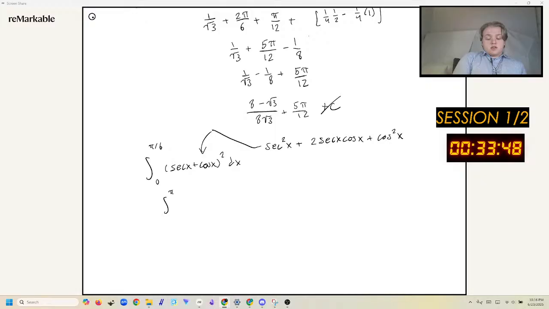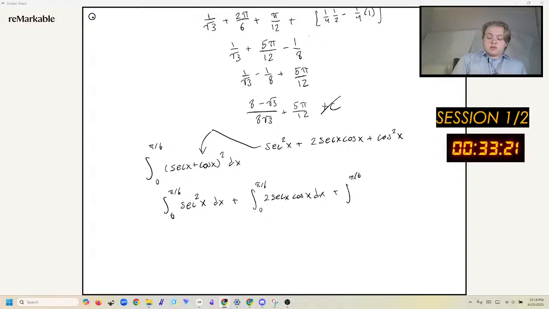And then we're just going to go ahead and separate out those integrals. So we'll have the integral from 0 to pi over 6 of secant squared x dx, plus the integral from 0 to pi over 6 of 2 secant x cosine x dx, plus the integral from 0 to pi over 6 of cosine squared x dx.